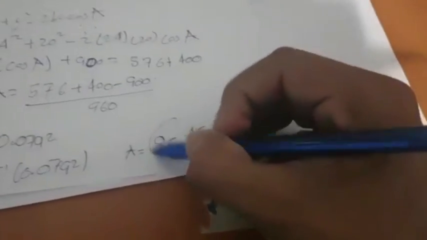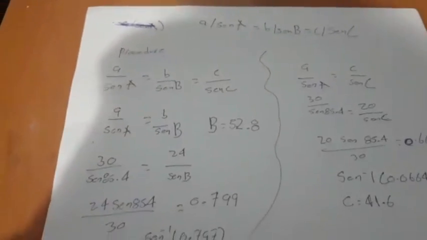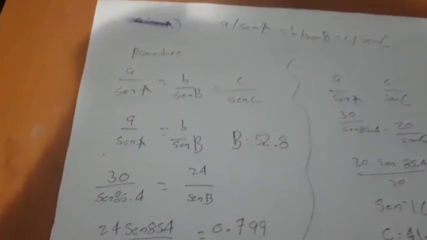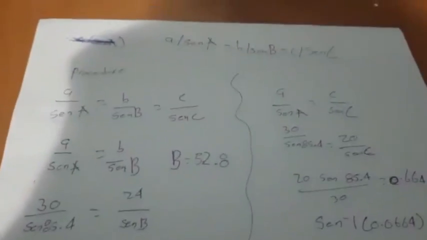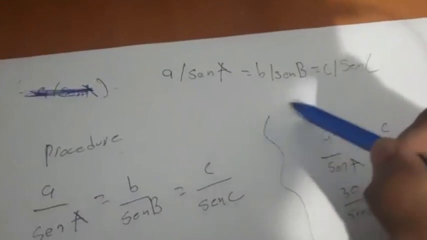Finally, we find that a is 85.45. So we have more or less resolved the problem right here, because we found a. As you can see, a is 85.45, and after this we have to check this equation and we substitute.